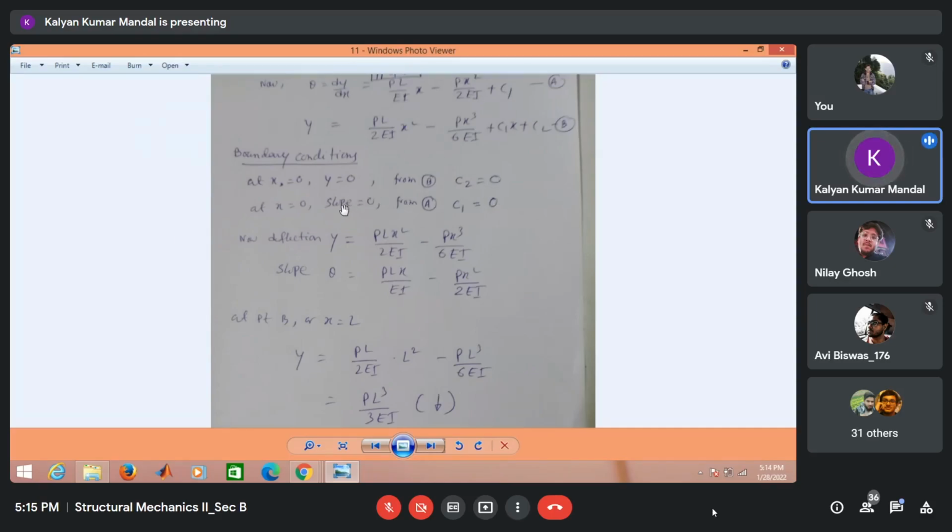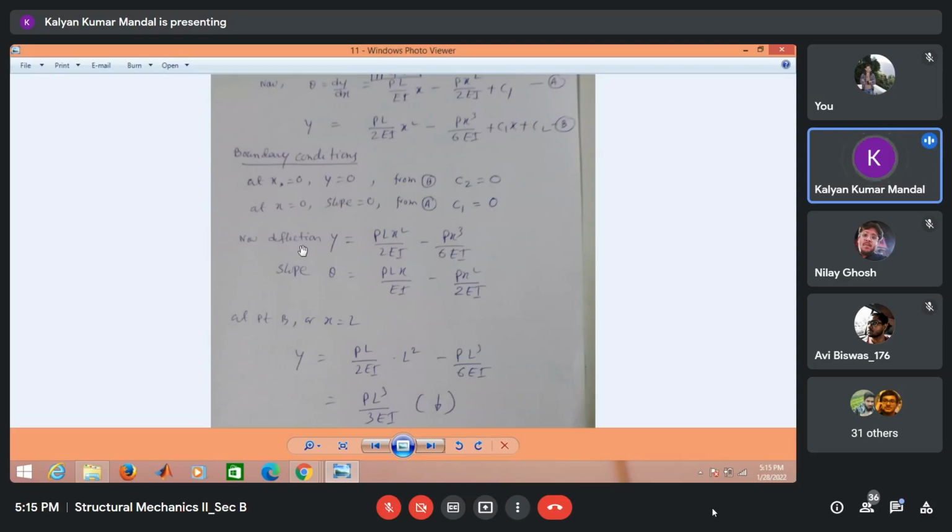Now just remember the fixed support: if we remove it, there should be a horizontal force, a vertical force, as well as a support moment. Due to the support moment, the slope at the fixed support should be equal to 0.